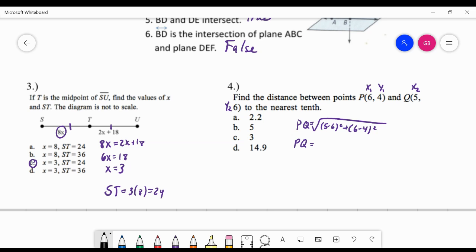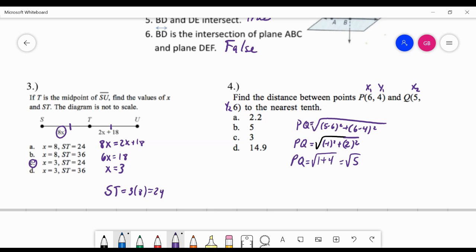So PQ is the square root of (-1) squared plus 2 squared, which is going to be 1 plus 4, which is the square root of 5.